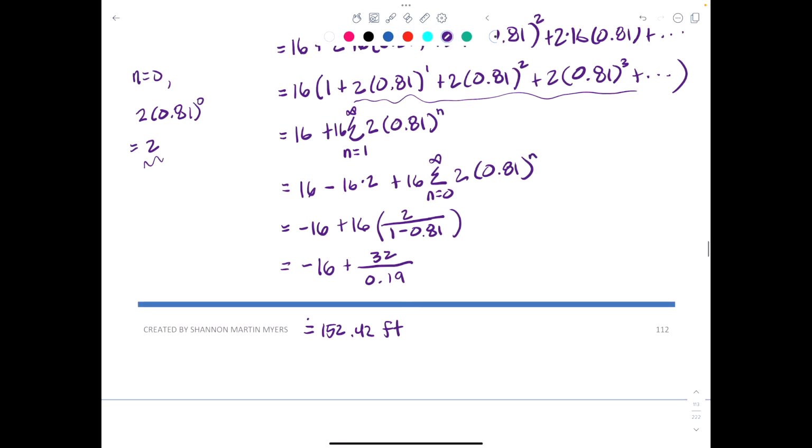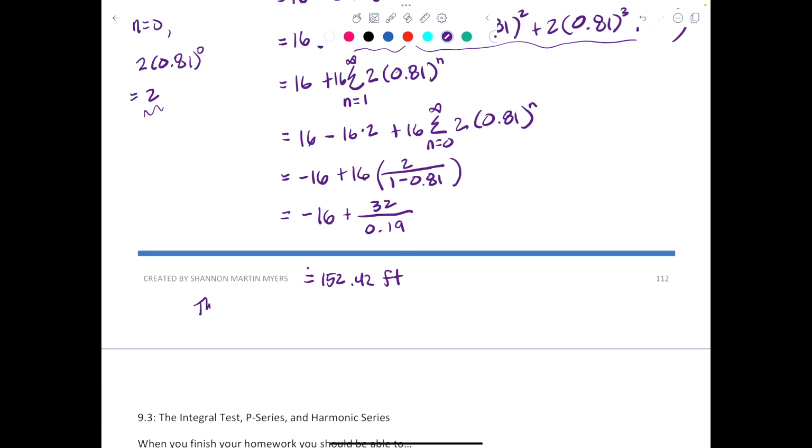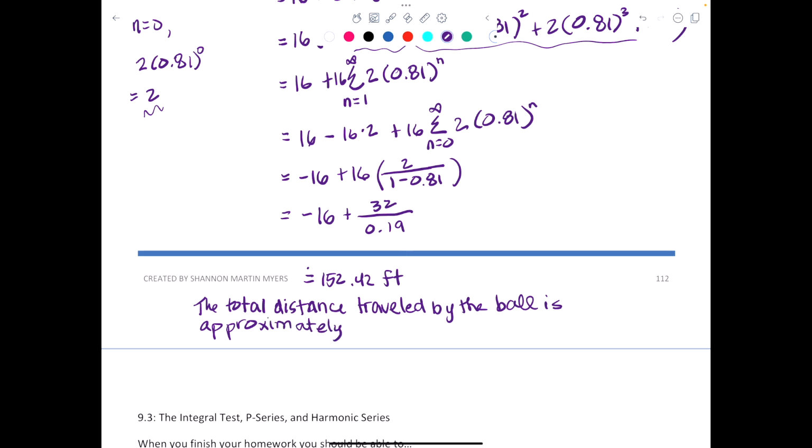The total distance traveled by the ball is approximately 152.42 feet.